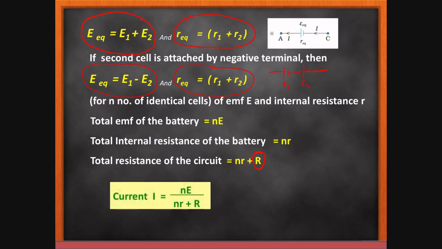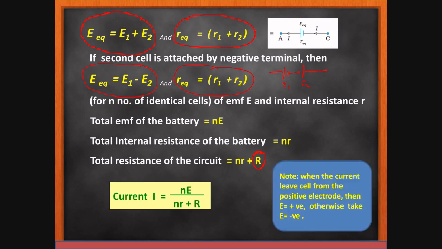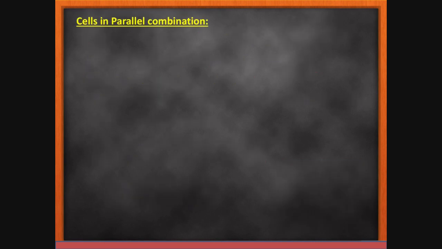The net current passing through the circuit is nE upon nr plus R. This is one convention: when the current leaves the cell from the positive electrode, take E positive, and if the current leaves from the negative terminal of the cell, then take E negative. It is a very important convention.